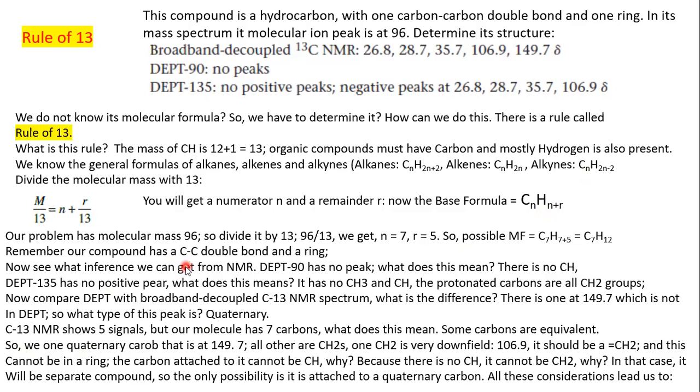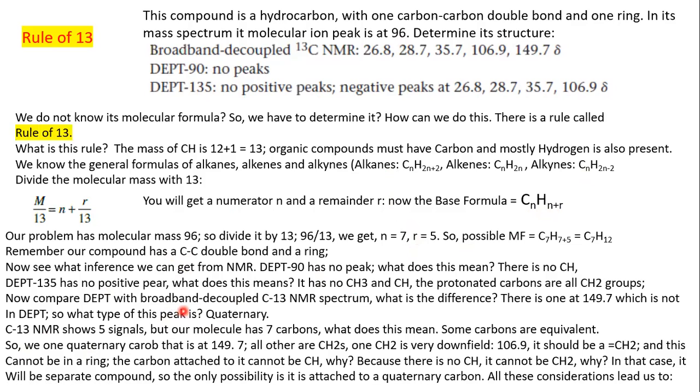Remember from the data that our compound has a carbon-carbon double bond and a ring. This is the knowledge that we already have. Now, see what inference we can get from NMR. Look at DEPT 90, we have already talked about this.